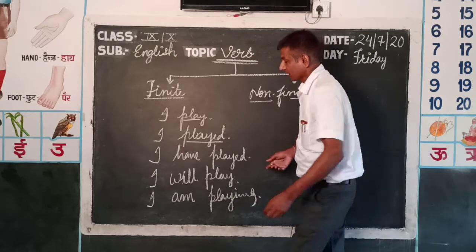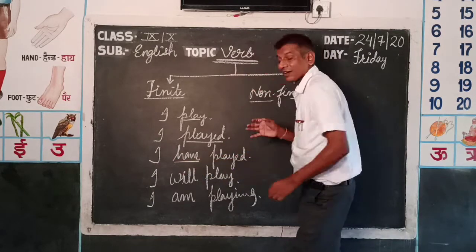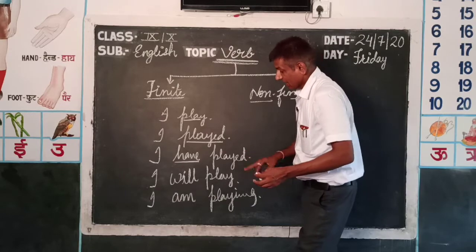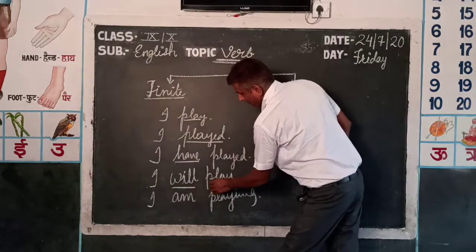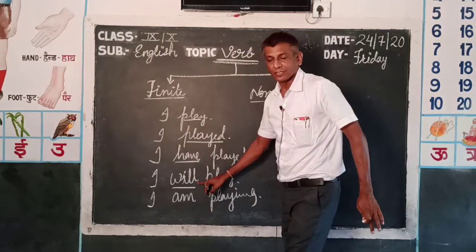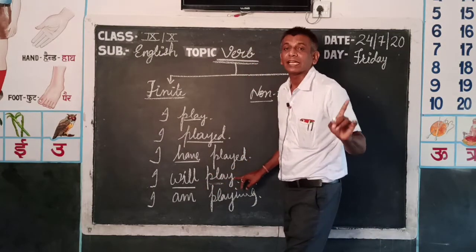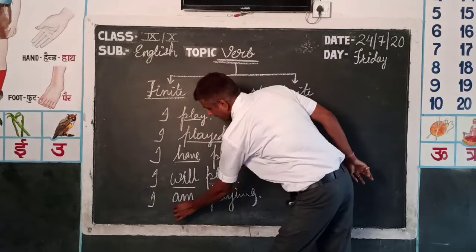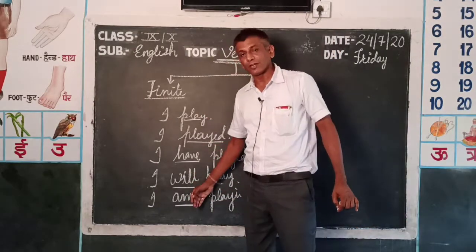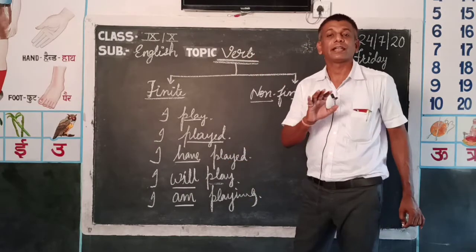Now see, have is the finite verb, not played. I will play: so will is the finite verb, play is not a finite verb. I am playing: so am is the finite verb, playing is not a finite verb.